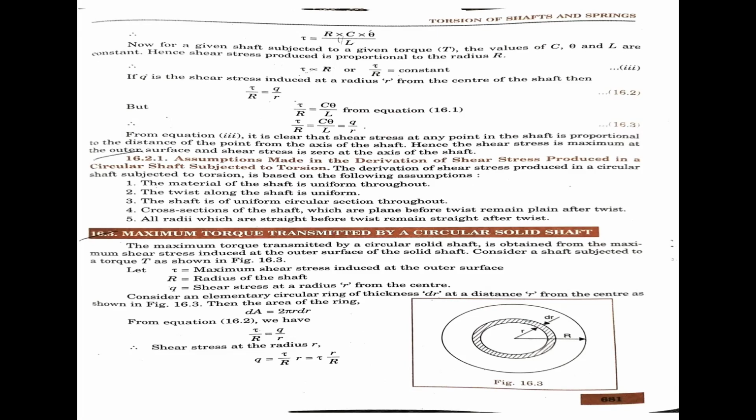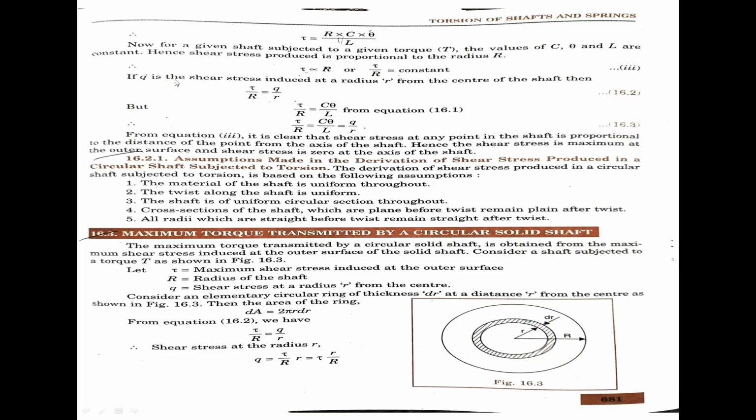Hence, shear stress produced is proportional to the radius capital R. That is the main concept. Tau is directly proportional to radius R, or tau by R equal to constant. That is equation 3.